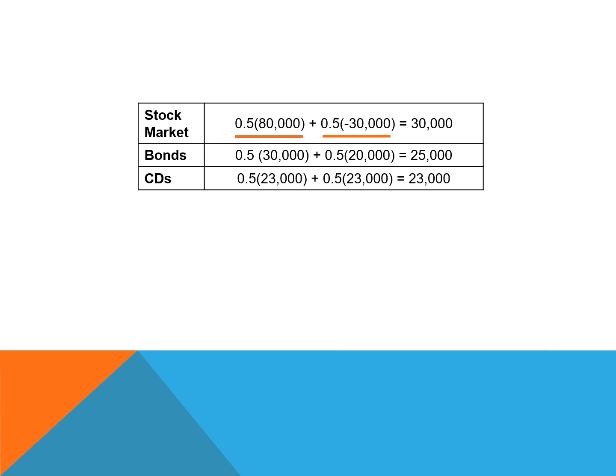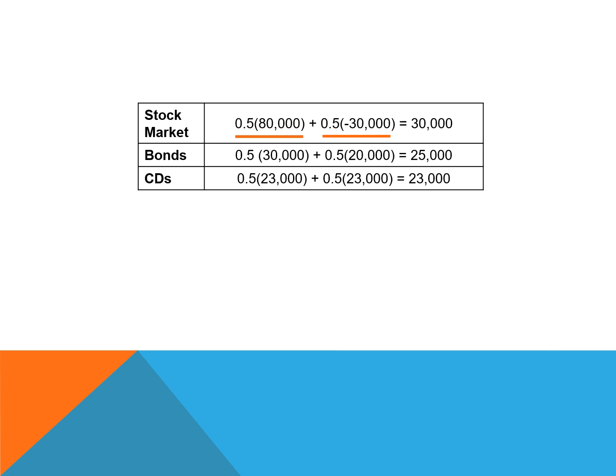So, teka lang, bakit may 0.5? Kasi as I have said earlier, EMV is a sum of the payoffs of an alternative, each weighted by the probability of that payoff occurring. So, we have seen in the previous table na under good economy, yung probability is 0.5, at under the poor economy, 0.5 din.